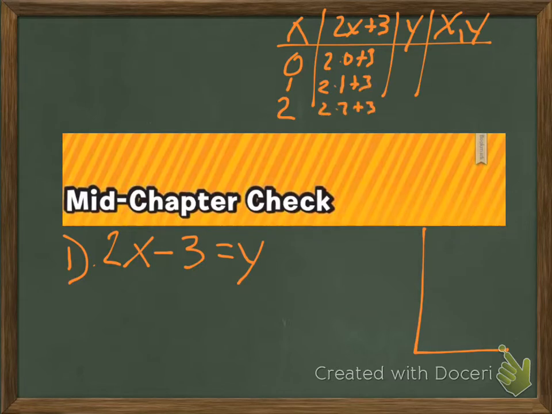And so 2 times 0 is 0, plus 3 is 3. So this is going to be 0, comma 3. This is 2 times 1 is 2, plus 3 is 5, 1, comma 5. The next one is 2 times 2, which is 4, plus 3 is 7, so 2, comma 7. So when I'm graphing this, I've already got some points to graph.